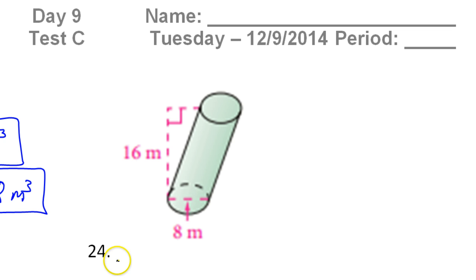All right, number 24 is almost the same thing. Again, the volume of a cylinder, even one that's leaning over to the side, is area of the base times the height. Now, this 8 is the diameter. That means the radius is 4.